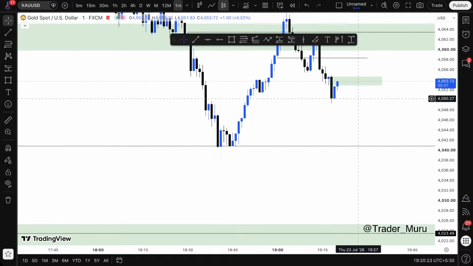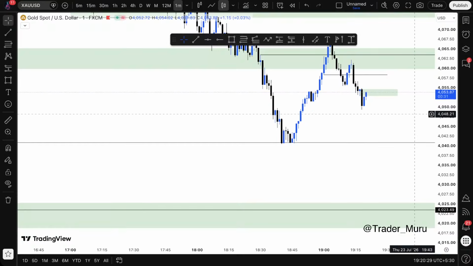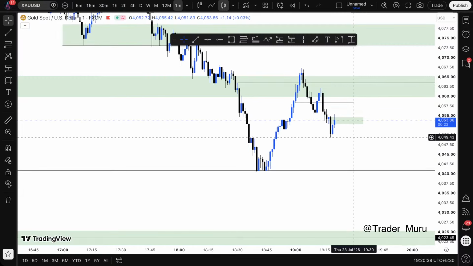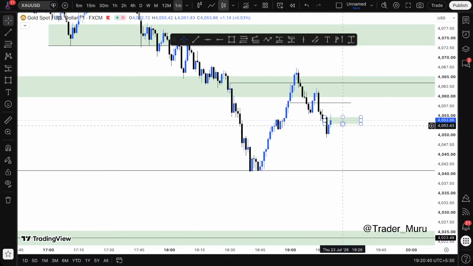Looks like price will bounce from 35 to 40 to 4080 and 4100. If it tests there, it is good. We will short there. But right now current momentum is still bearish. It took me out. I am entering after this 1 minute candle close.